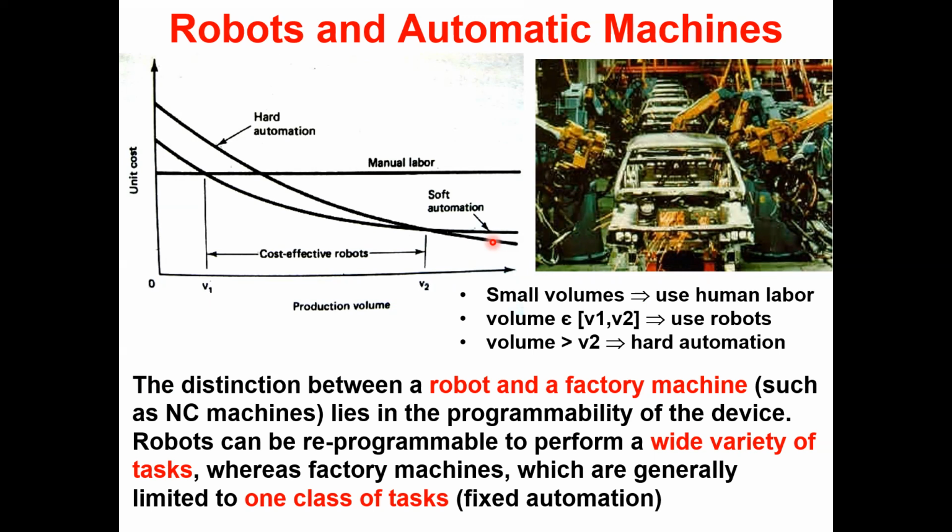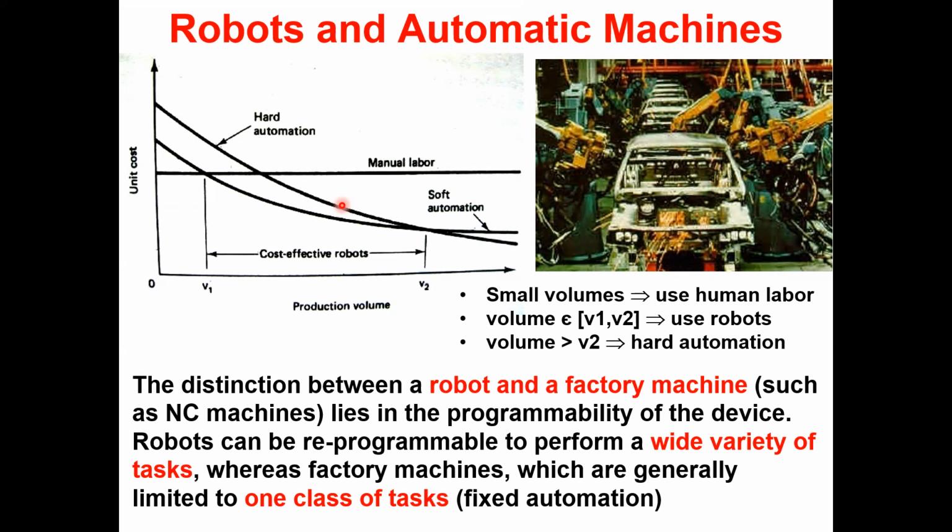So if you use robots, depending on the production volume, your unit cost will drop like that. Robots, soft automation, right? But hard automation is where you use a specific machine just for that application. You can't use this machine for anything else. It is kind of hard coded, custom designed for that application.